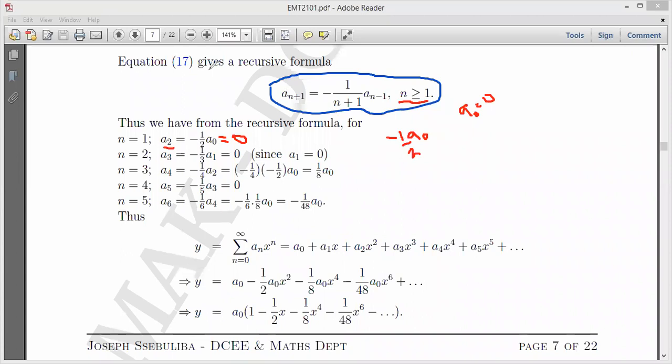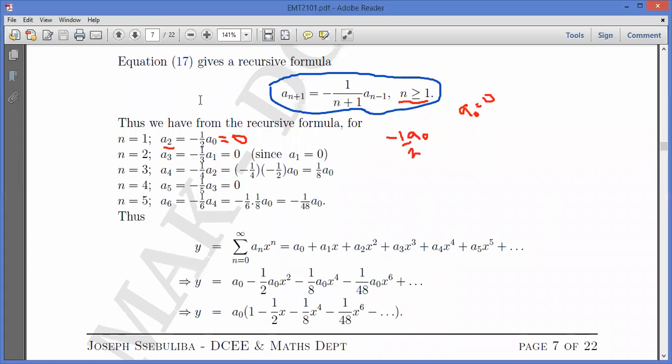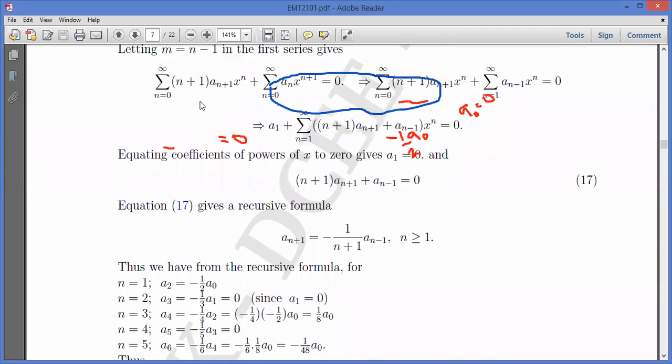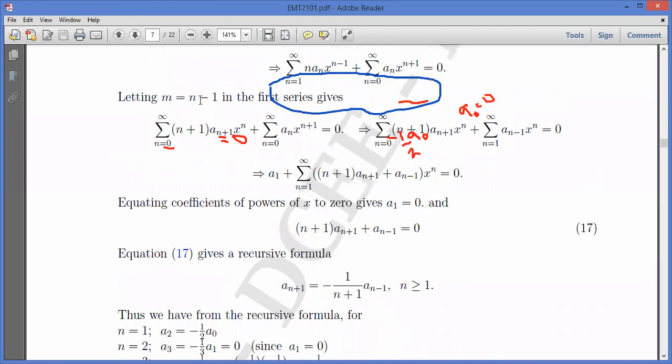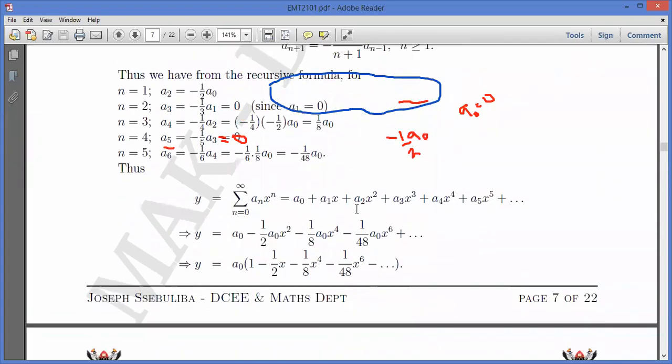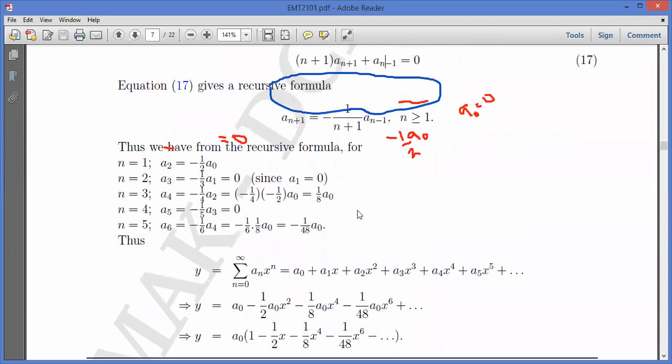Remember, in the previous example, rather in our demonstrations, we said that equating the coefficients of x to 0 gives a1 equal to 0. Not a naught, sorry, this is a1. I had made a mistake. It is not a1, but rather a naught. a naught is 0, not a1.